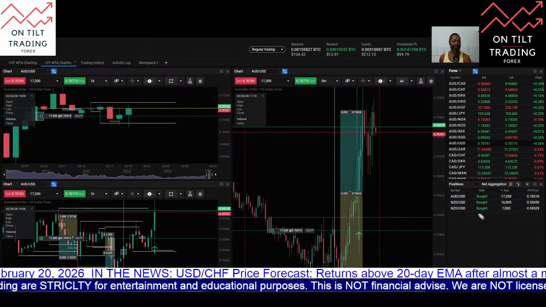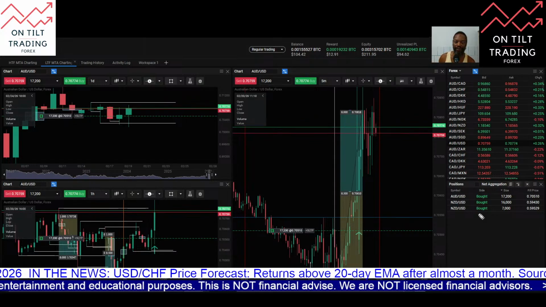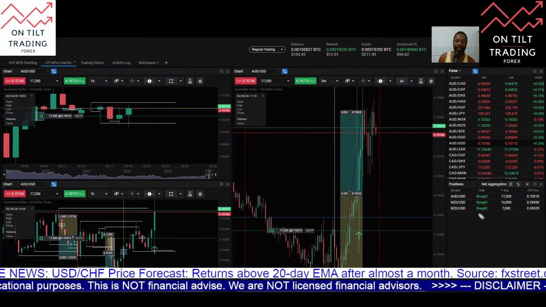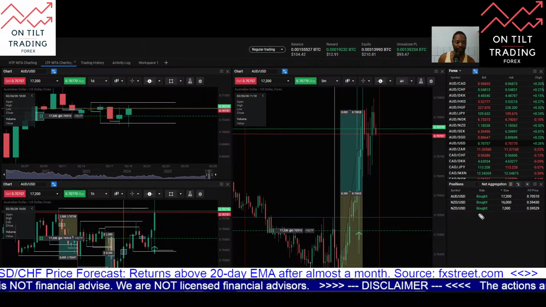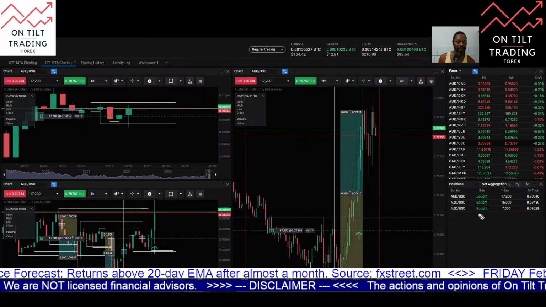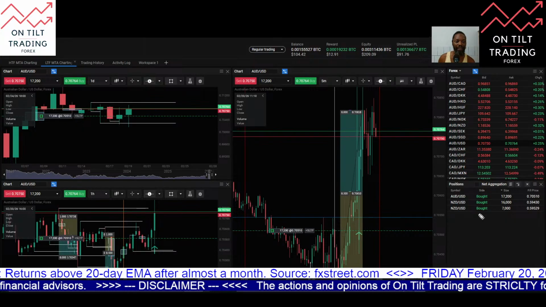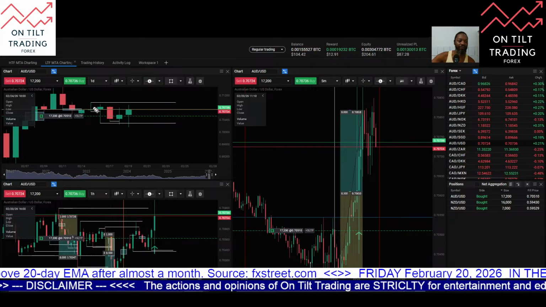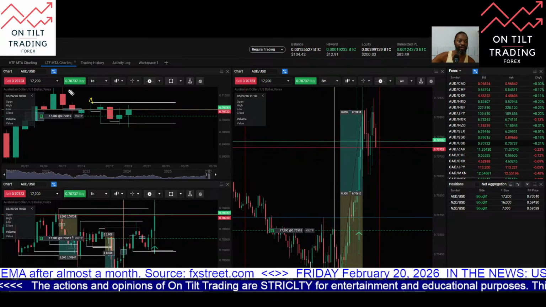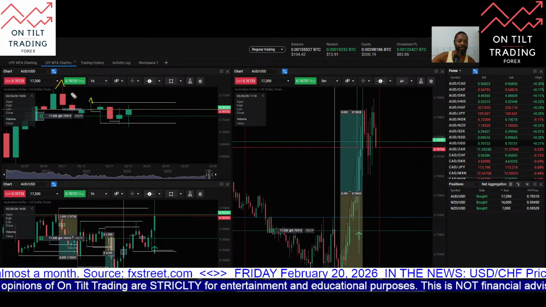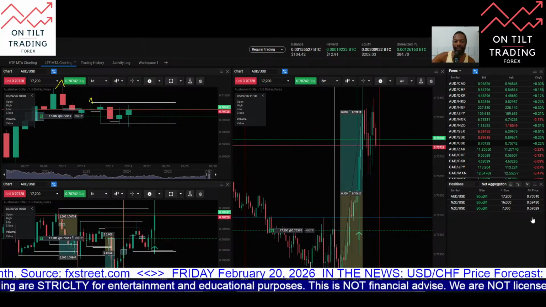So I'm just looking at this situation as further buy-side being sought after, and it's either going to extend to this swing high level, which I have marked here, or it could extend even up to this swing high right here.